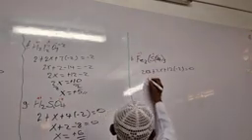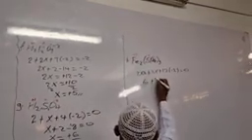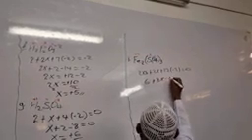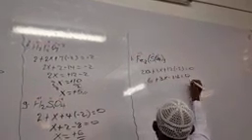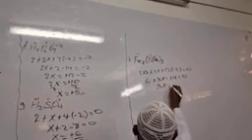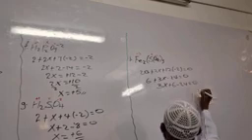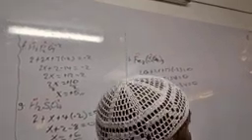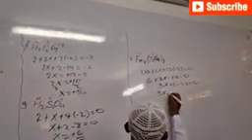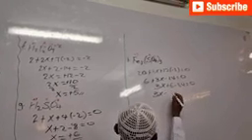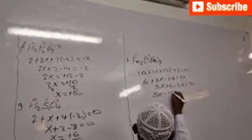Okay, here 6 plus 3x minus 24 is equal to 0. Then 3x plus 6 minus 24 is equal to 0. Then 3x minus 18 is equal to 0.